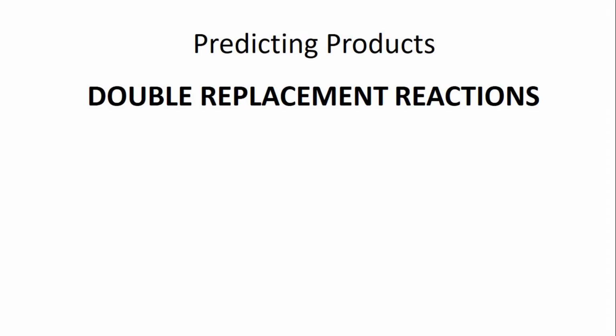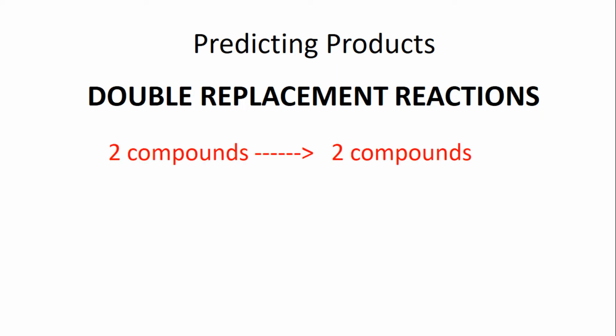In this section, we're going to learn how to predict products of double replacement reactions. There are many ways to describe a double replacement reaction, but the most common one is probably two compounds on the reactant side create two compounds on the product side.